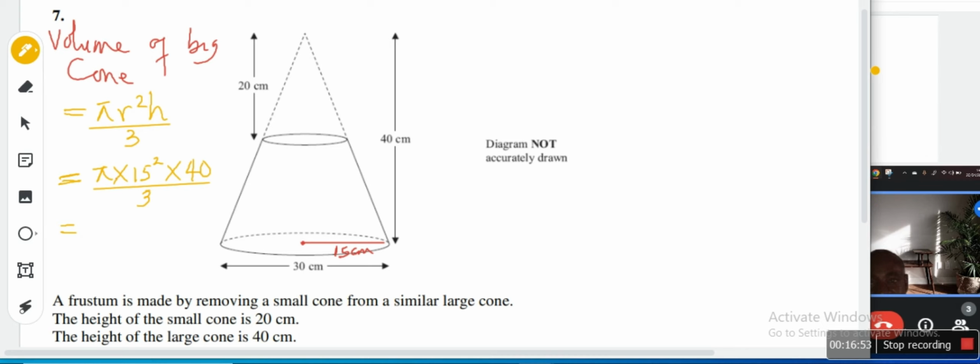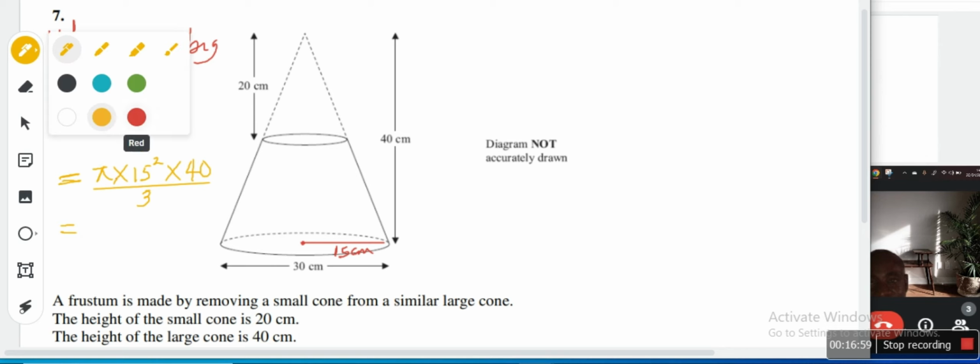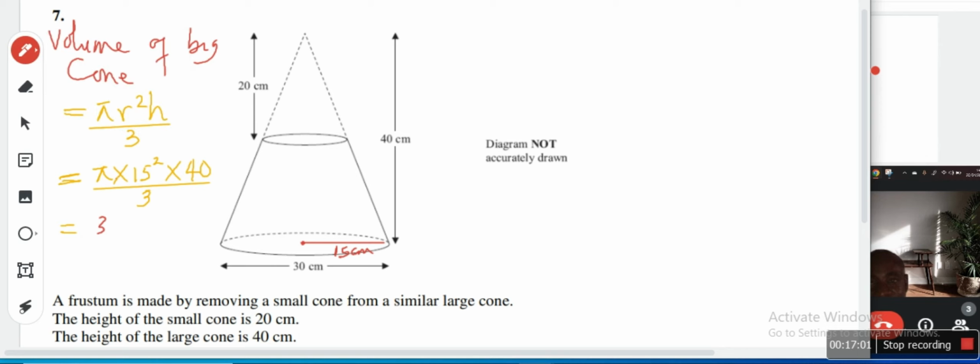Do you have the answer now? Yeah, almost. I got 3,000. Just read out the digits. Do you want a decimal or pi? Yeah, everything. 3,000 pi. Oh, 3,000 pi.